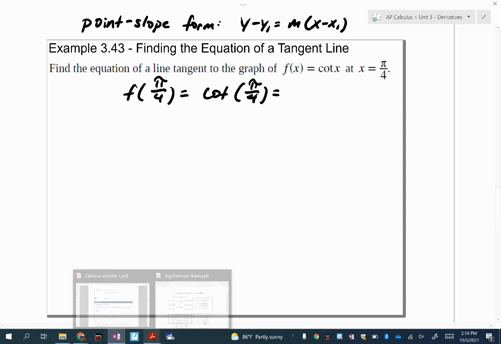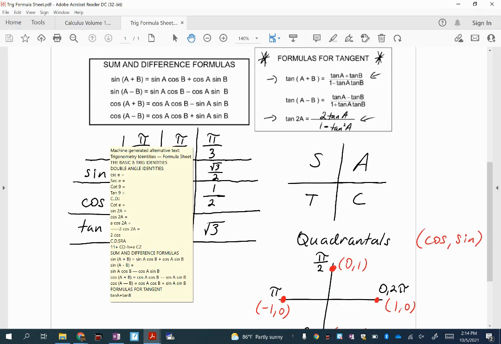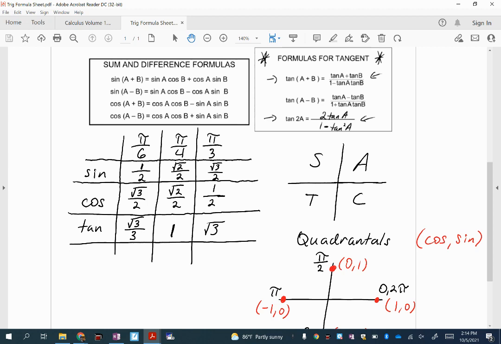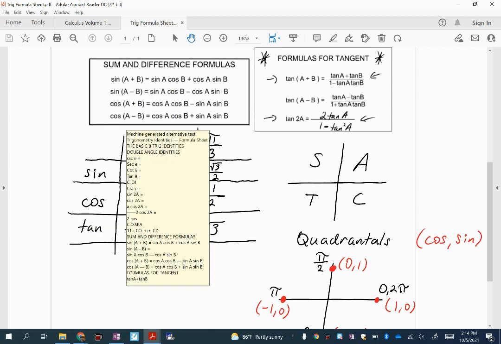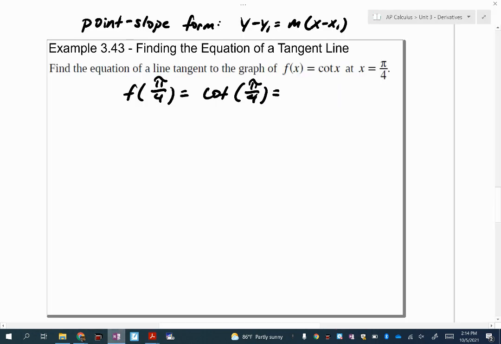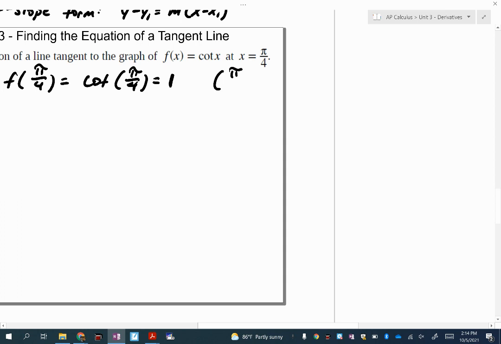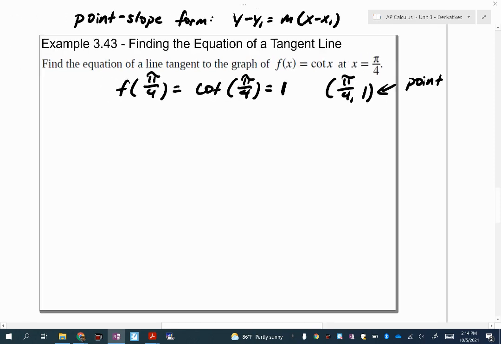Now, if I'm using my formula sheet, the tangent of pi over 4 is 1, but we want cotangent, and cotangent means you just have to flip it. Well, the reciprocal of 1, 1 over 1, is still just 1. So this is actually going to be 1. So my point is going to be pi over 4 comma 1. This is my point. All right, now I need to find the slope.